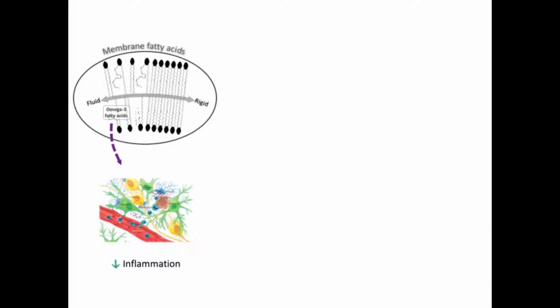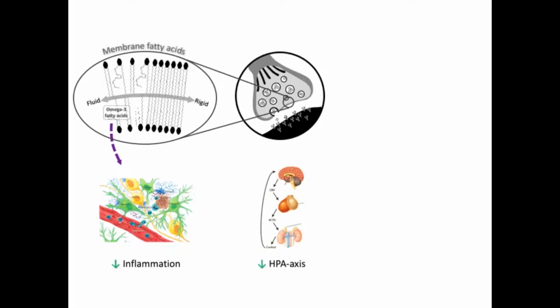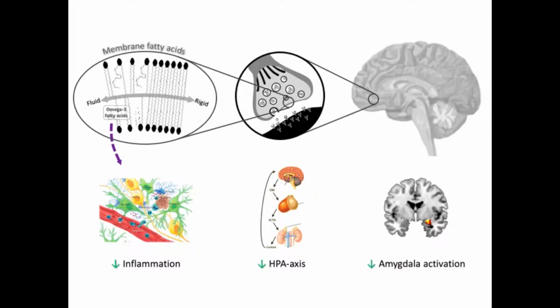And I started to think how we could translate these clinical findings back to the neuroscientific perspective. So in depressed patients, we indeed found an association between omega-3 fatty acids and inflammation in the form of CRP, and also with the activity of the hypothalamic pituitary adrenal axis in the form of cortisol. And if we zoom out even further, we saw that the omega-3 fatty acids in depressed patients were associated with activity of brain regions like the amygdala.